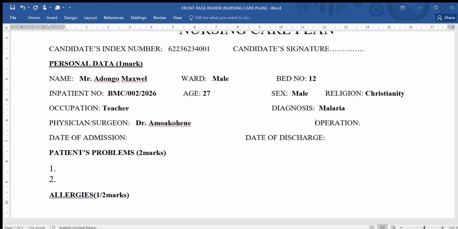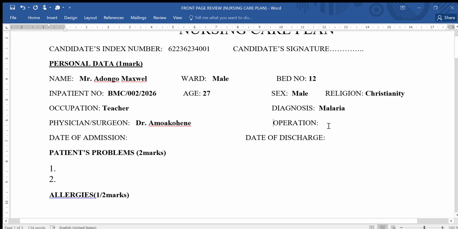So operation, what information do you need here? This is a patient diagnosed with malaria. So operation here is not applicable. So just indicate not applicable. Then the next thing is date of admission.